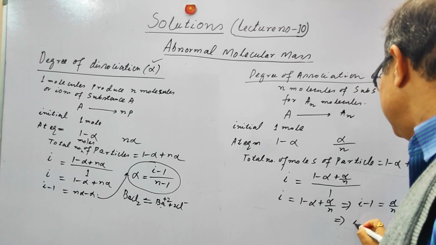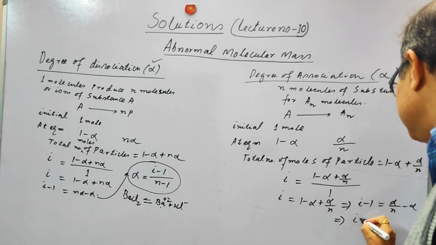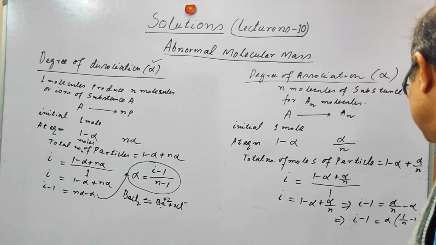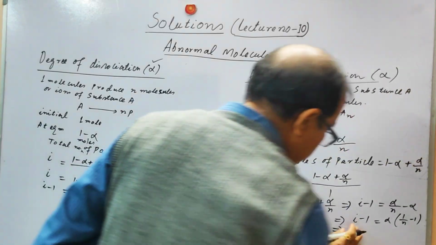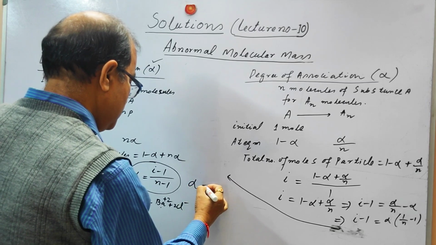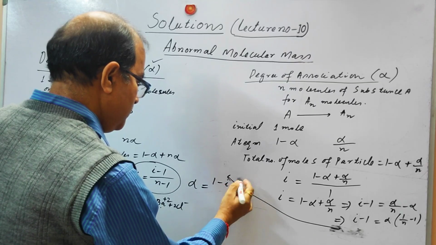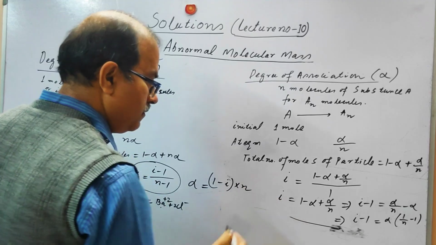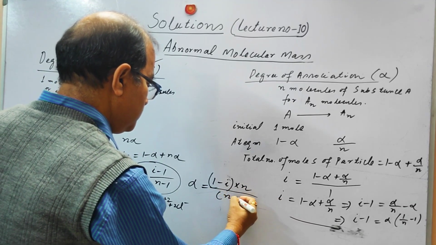So we can write alpha, or the degree of association, as 1 minus i into n divided by n minus 1.